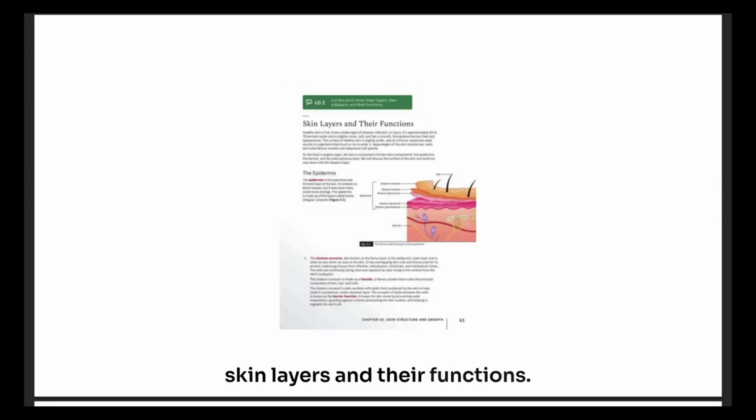Skin layers and their functions. Healthy skin is free of any visible signs of disease, infection, or injury. It's approximately 50 to 70% water and is slightly moist, soft, and has a smooth, fine grained texture, feel, and appearance. The surface of healthy skin is slightly acidic, and its immune responses react quickly to organisms that touch or try to enter it.